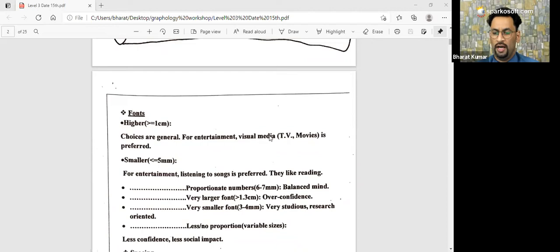So if a person is using an extremely large size of font, generally this kind of font is observed in the writing of students up to the level of class 12, and up to the level of class 8. It is mostly observed.